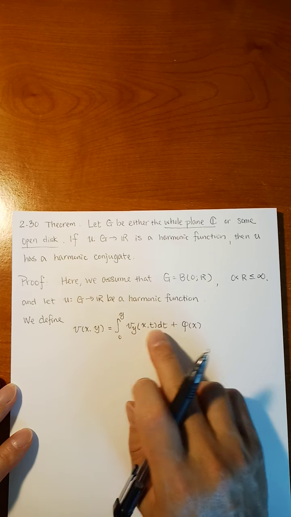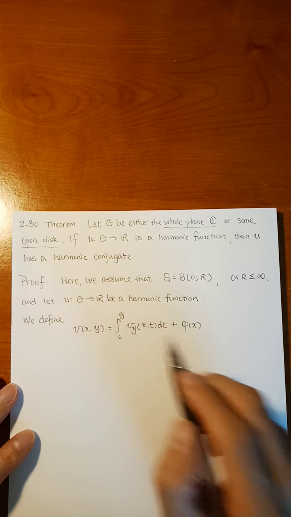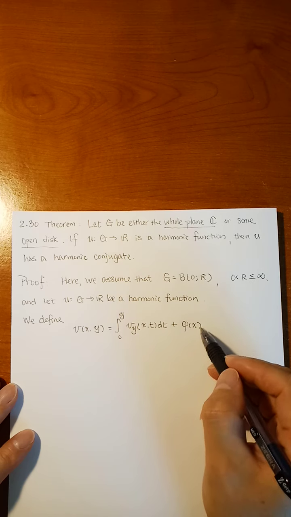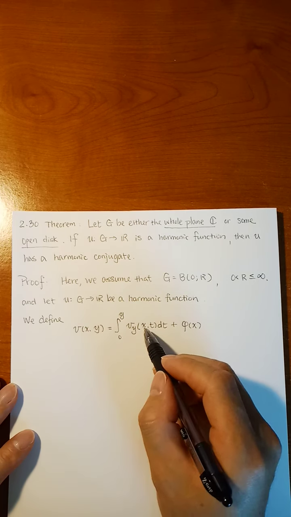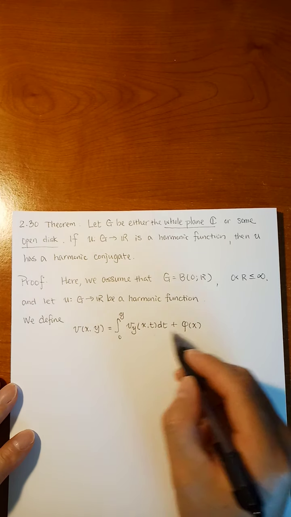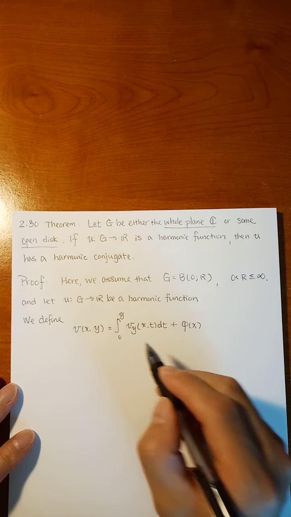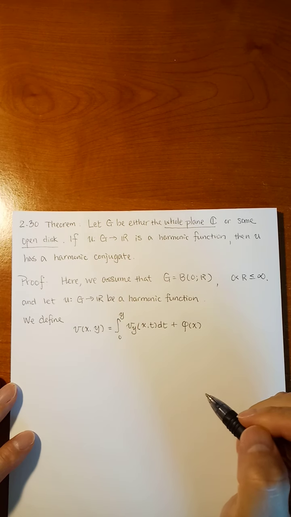You integrate with respect to y from 0 to y, and usually you add a constant, but here it has two variables. This is a partial derivative, so the constant is a constant with respect to y. Any function of x will be a constant with respect to y, so that's why you have such a thing.